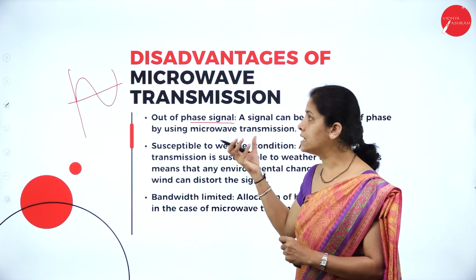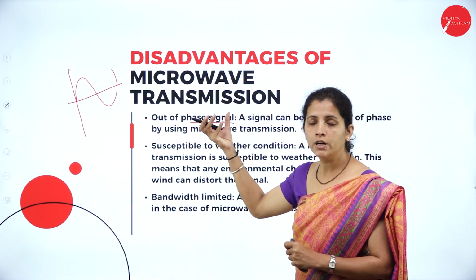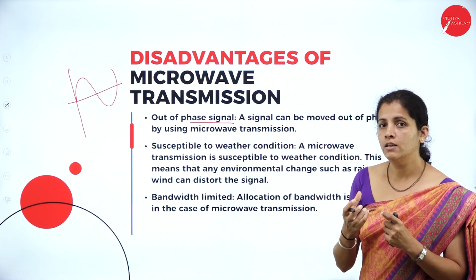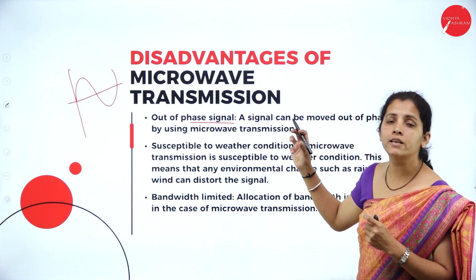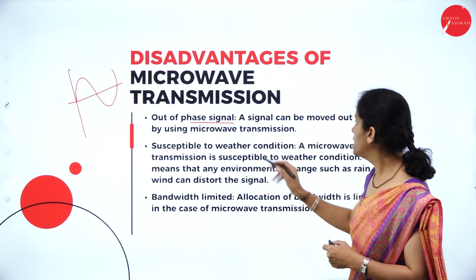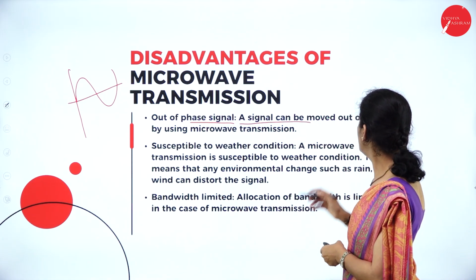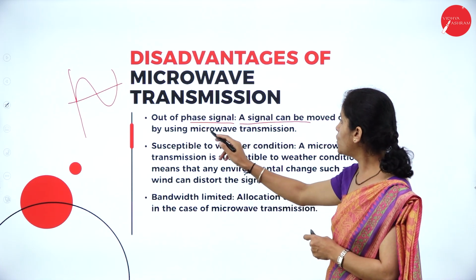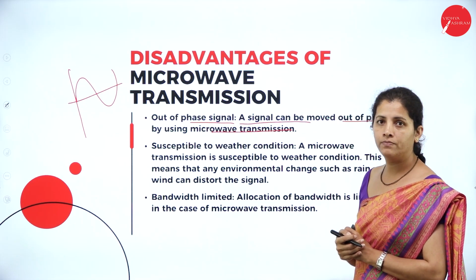And if I consider microwave, due to noise or environmental condition, the phase of the signal may vary. A signal can be moved out of phase by using microwave transmission.